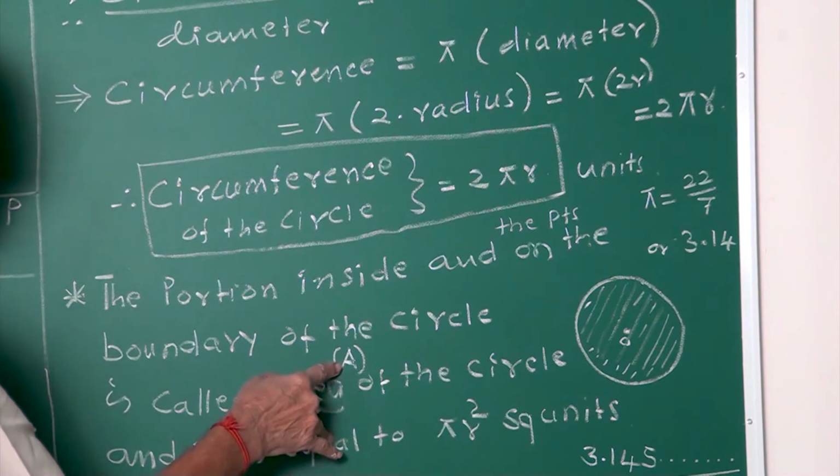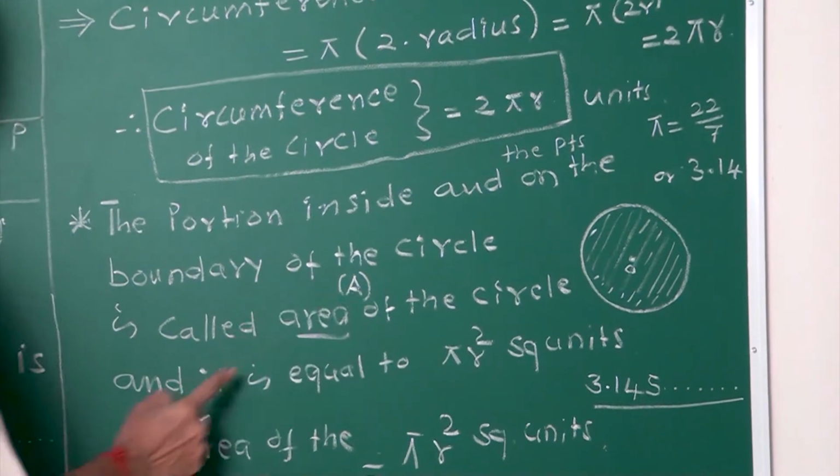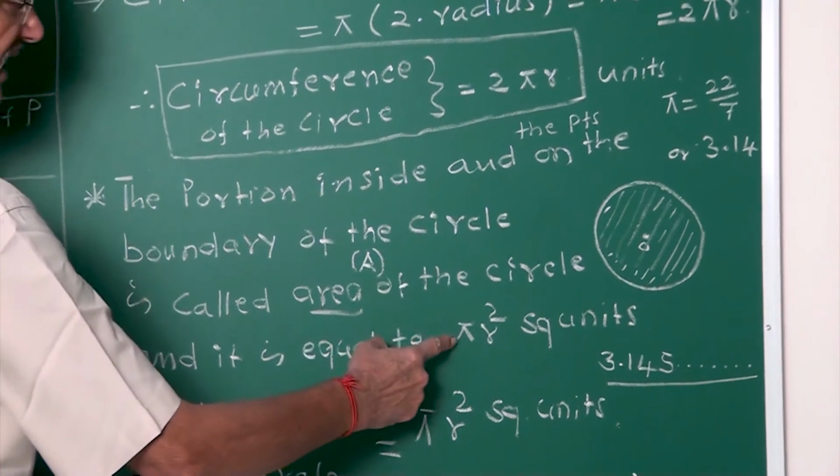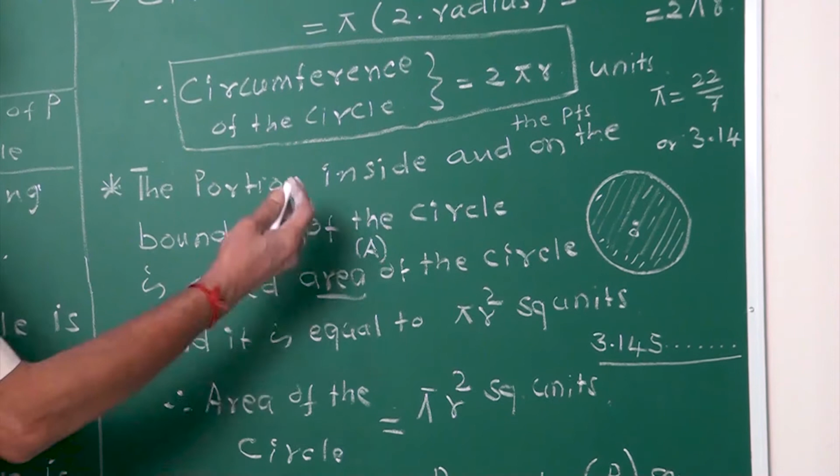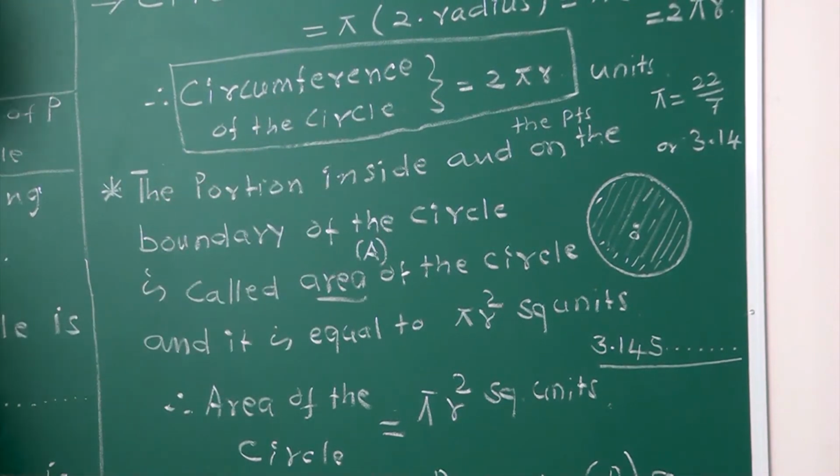Normally we denote the area by the letter A, and it is equal to pi r square units.